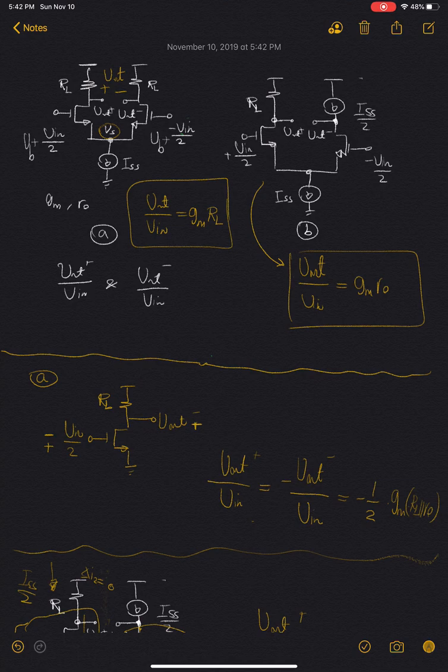So basically RL doesn't matter. Because as we showed, you can even assume this is direct connectivity, and this doesn't matter.